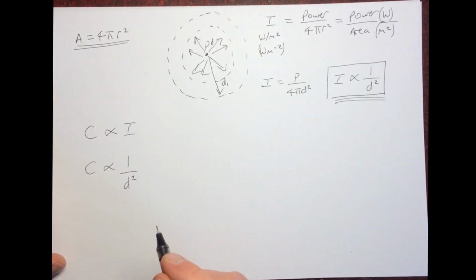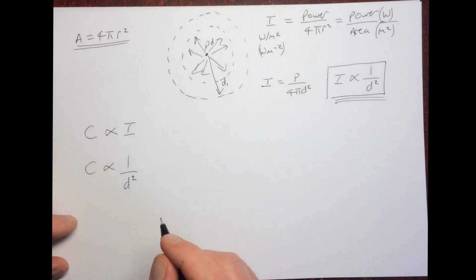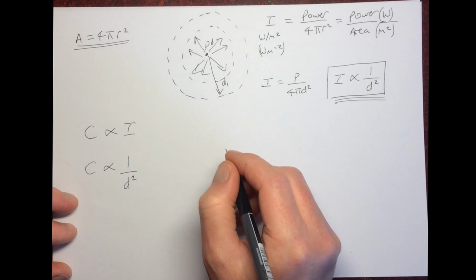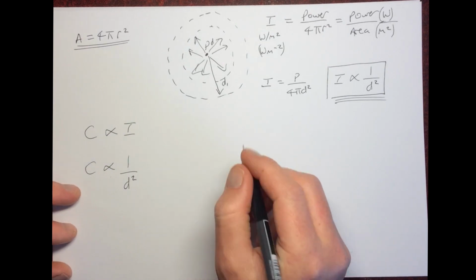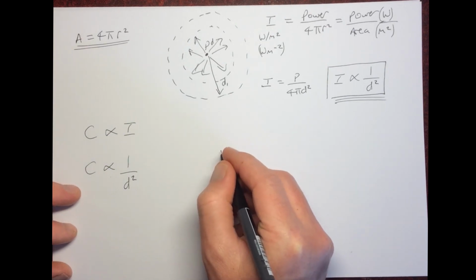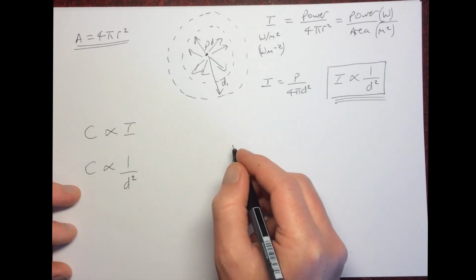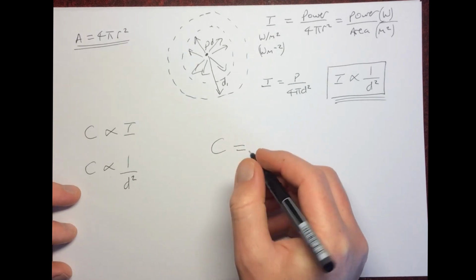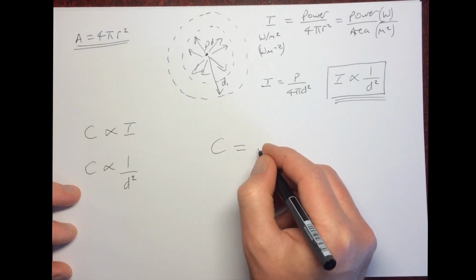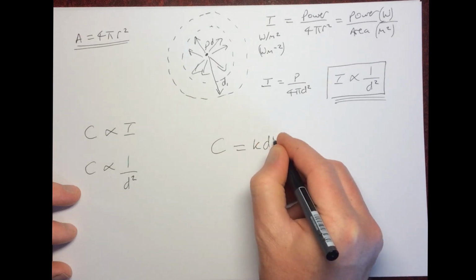The next thing to say is that we are told in our experiment method that we're going to investigate the relationship C equals k d to the power of n.